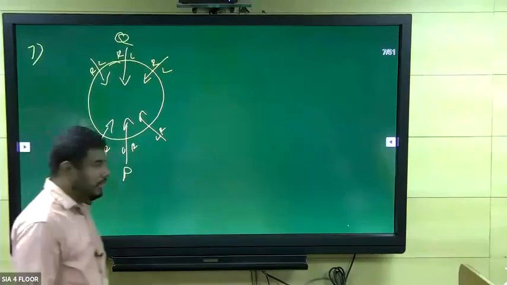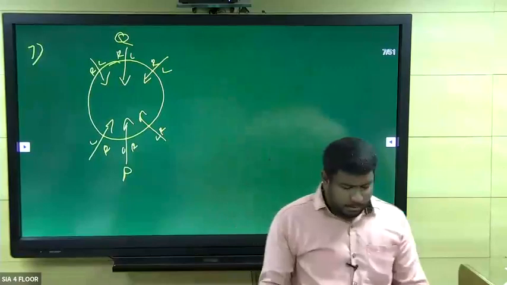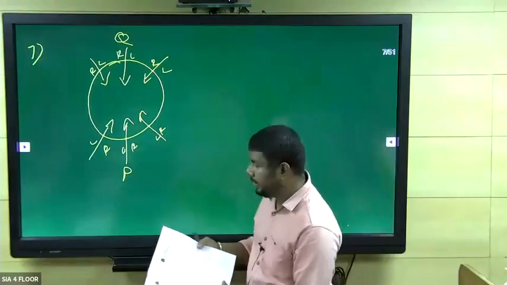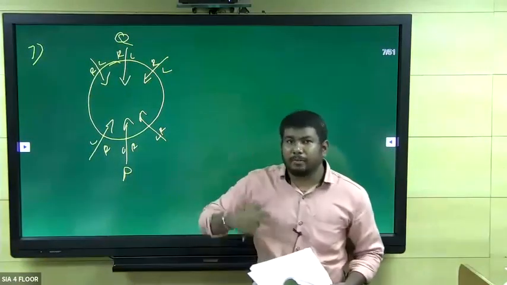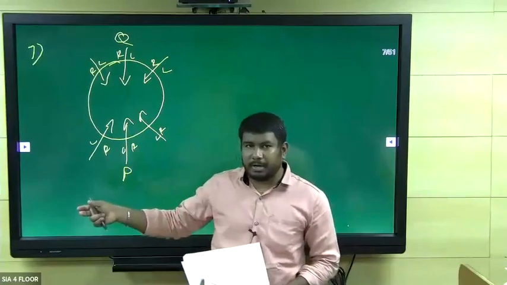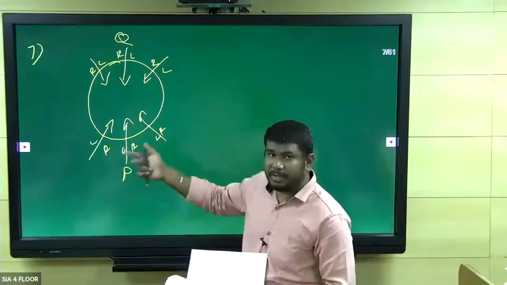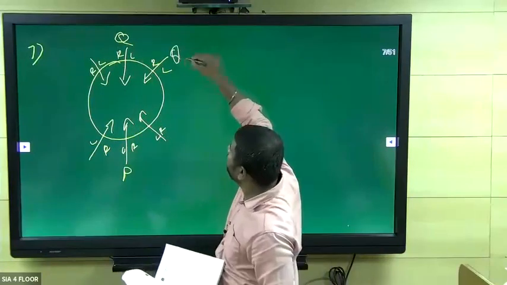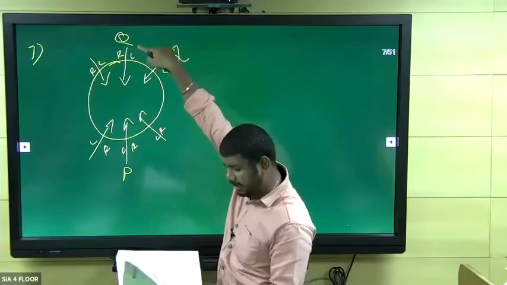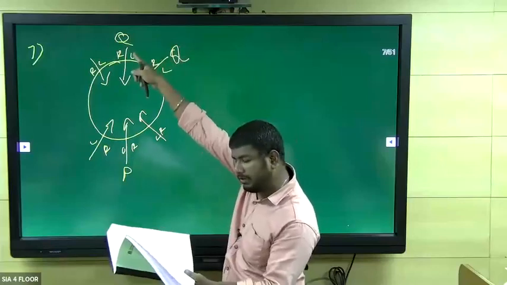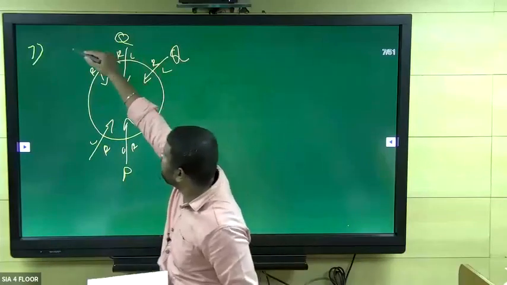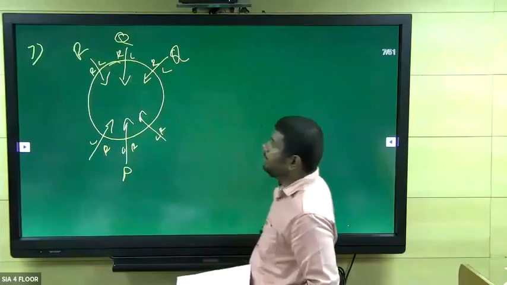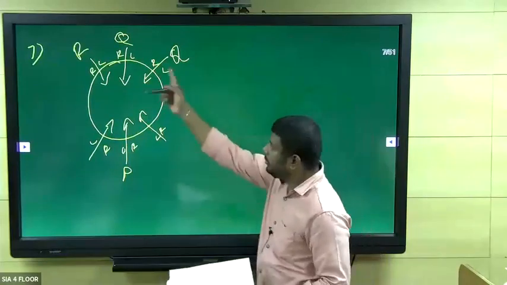Opposite to P is Q. Next, Q is sitting to the right of T. Listen, guys. From T, Q is to be in the right direction. If I take Q here, it will be left, so we should take Q here because this is the right direction. Q is to the right of T and left of R. Obviously, R should come here. The statement is right.